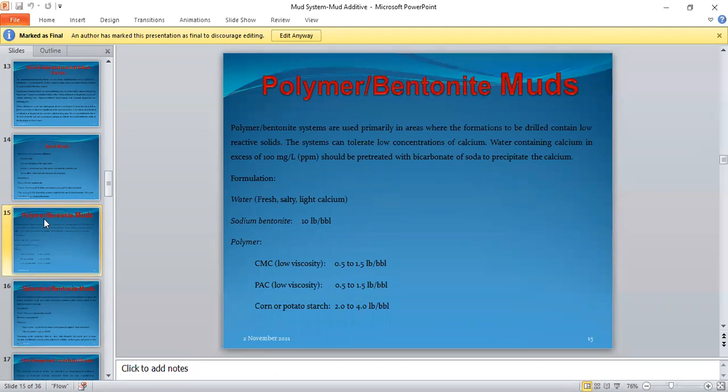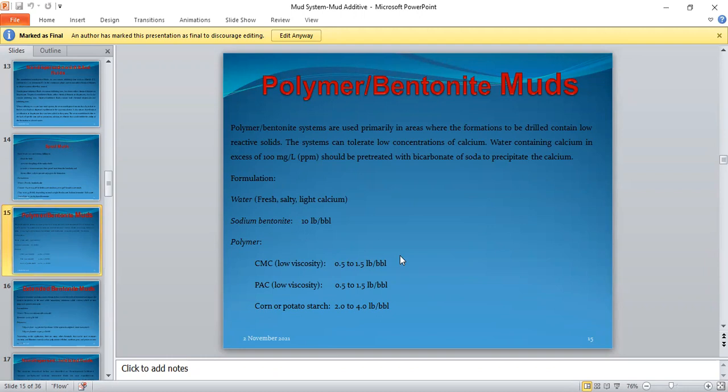You begin to stop putting more bentonite. You reduce the amount of bentonite you put. You mix more mud. If you're mixing fresh mud, you go with this formulation. The one you have, you begin to add all these polymers to it.